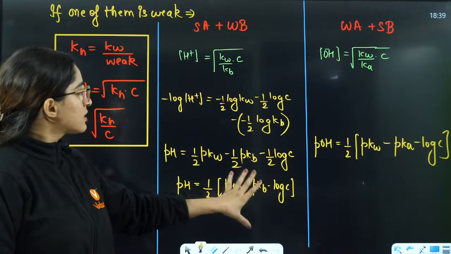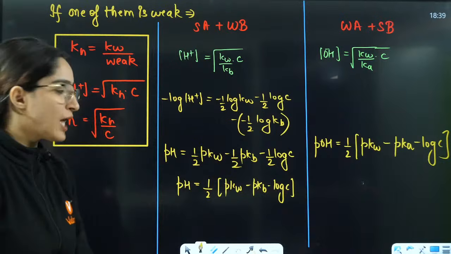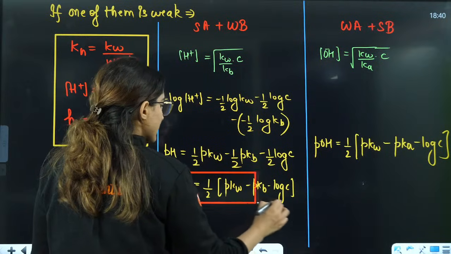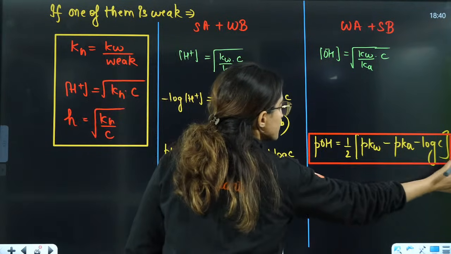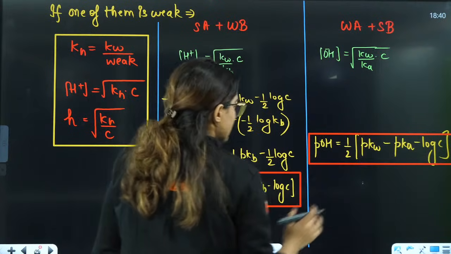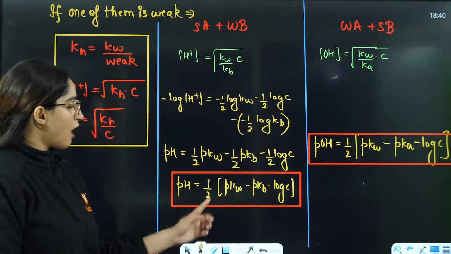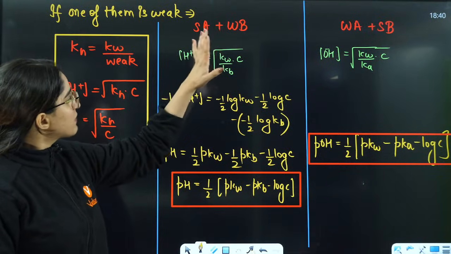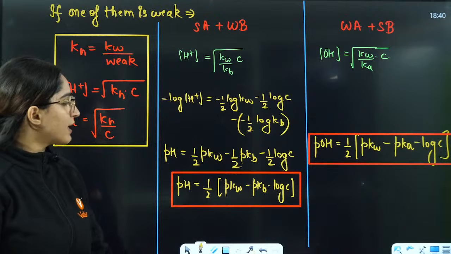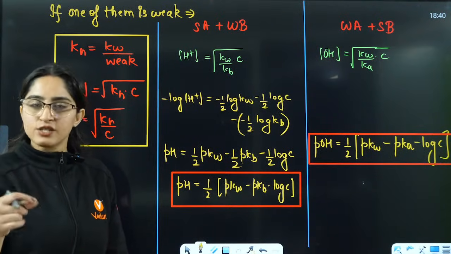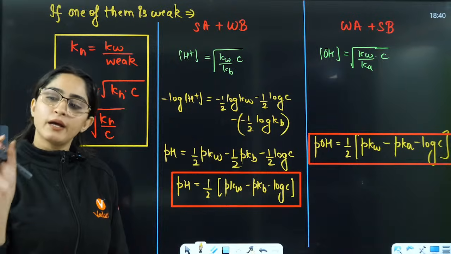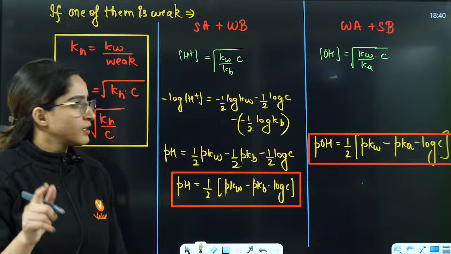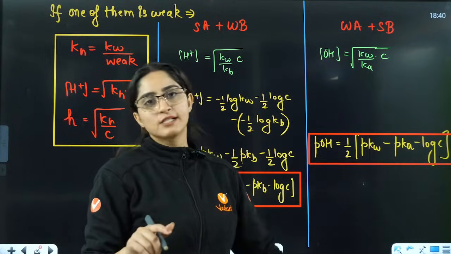They learn this, then they learn this differently. Why do you have to do that? Why do you have to learn the pH of all of them? Just remember the value of pH and POH. Just remember this pH. This is nothing but pH is equal to half pKw minus pKb minus log C. Right? pH is equal to half multiplied by pKw minus log C minus pKb. Here it will be Ka, everything else will be the same.